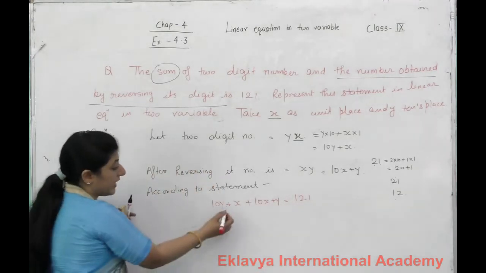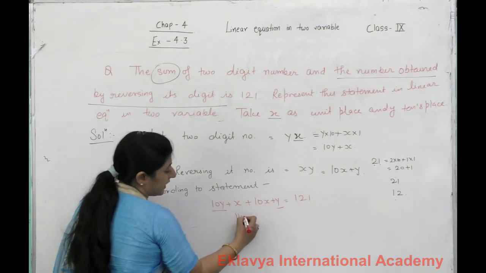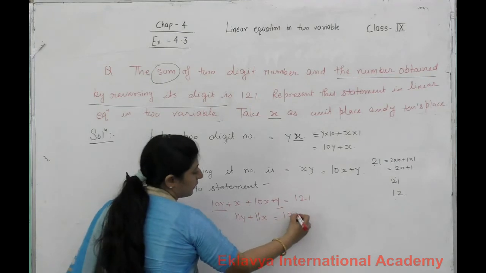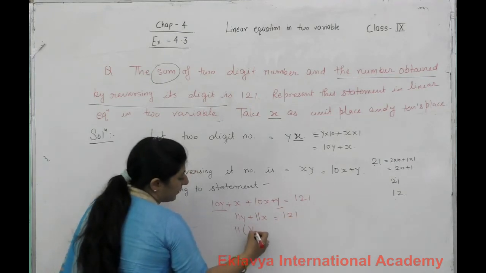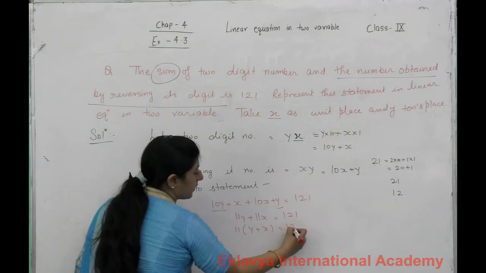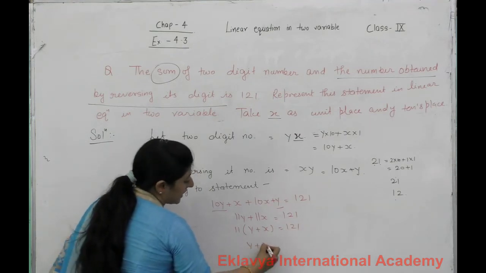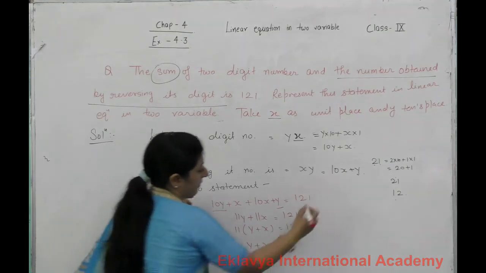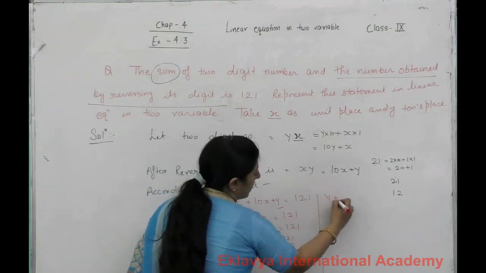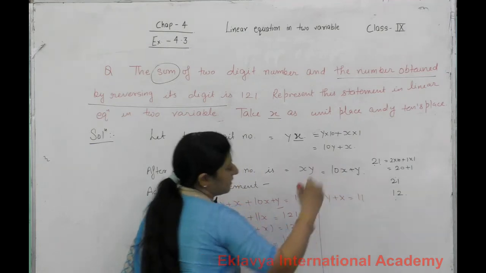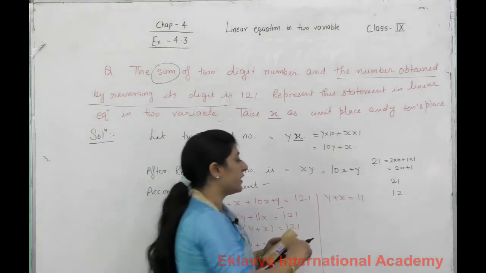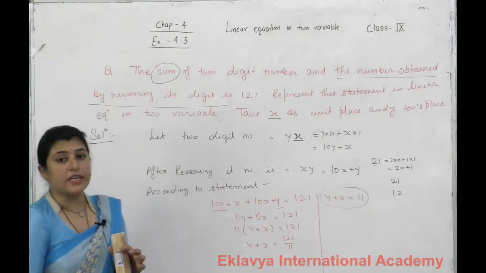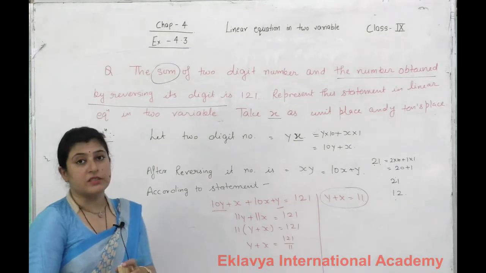Now solve it. 10y plus y is 11y, x plus 10x is 11x, that is equal to 121. We can take 11 common. That is, y plus x is equal to 121 divided by 11. So y plus x is equal to 11. This is our linear equation in two variables for this question.